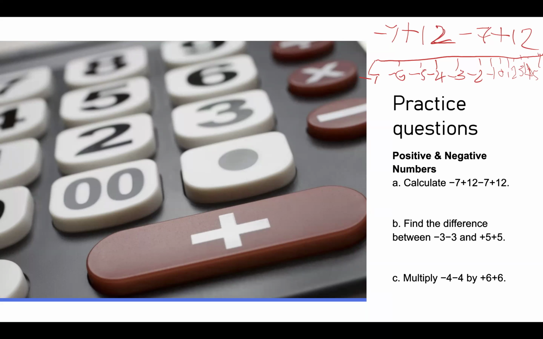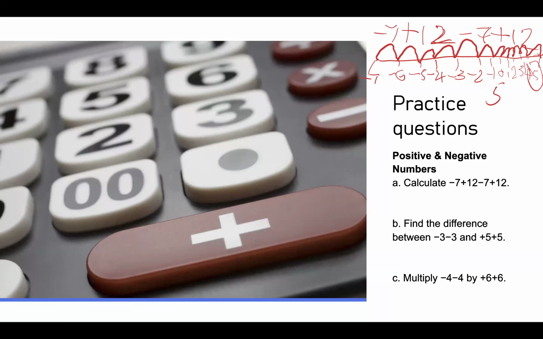So from -7, jump 12 spaces to the right because it's adding: 1, 2, 3, 4, 5, 6, 7, 8, 9, 10, 11, and 12. So the answer here would be 5.